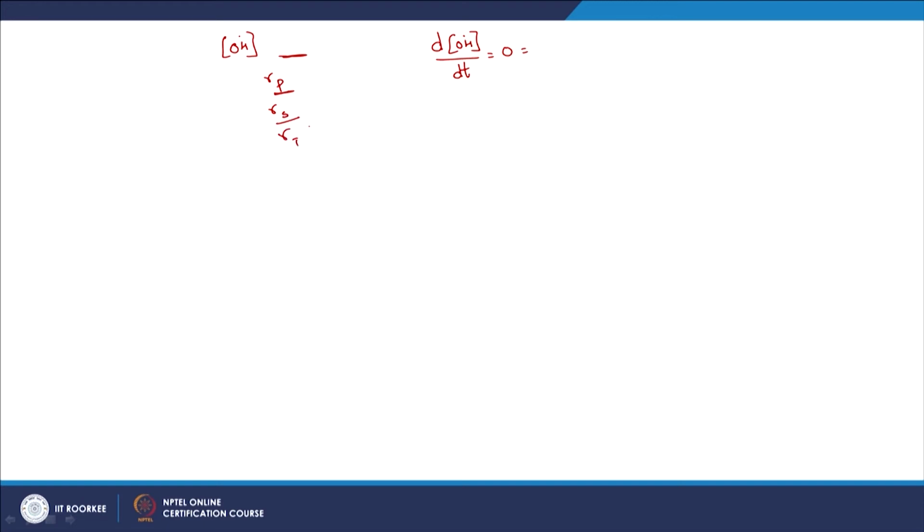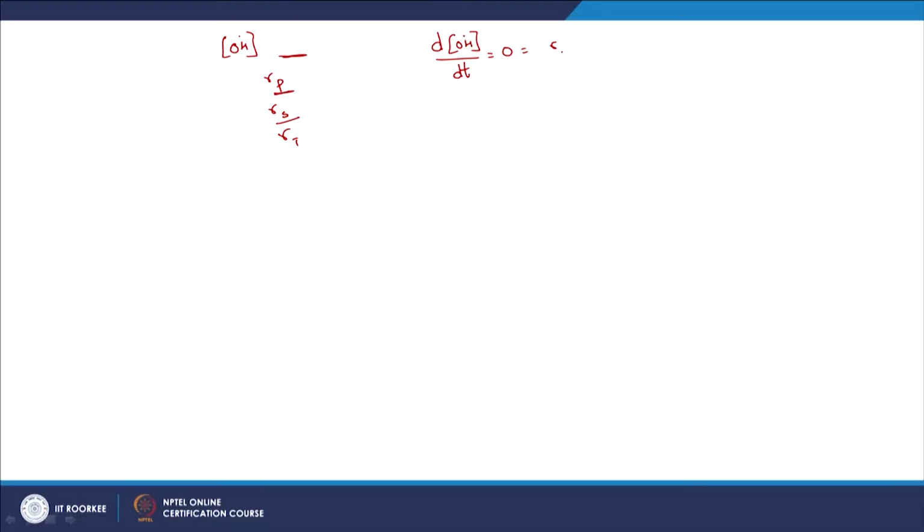Because the OH radical concentrations are very low compared to the rates of production or the rates of reaction with the scavenger or target, it is a good enough assumption that the hydroxyl radical concentration does not change with time. So, that is equal to the rate of production of the radical minus how the radical is being lost, either due to the scavenging reaction or due to the target reaction. This is the assumption that we are making.